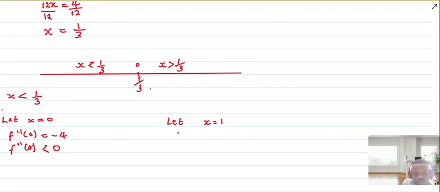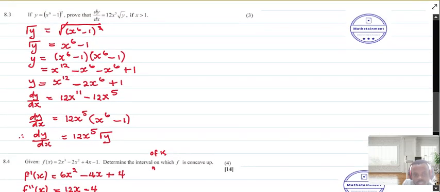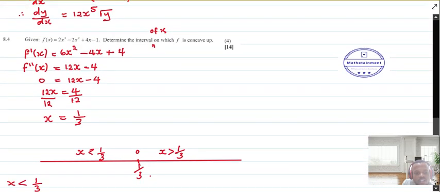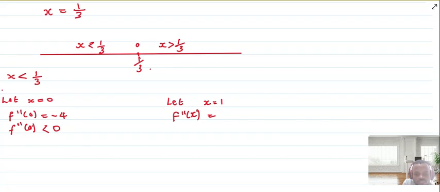So I'm going back to my second derivative equation, which was 12x minus 4. So now I want to find the second derivative at the point where x is equal to 1.